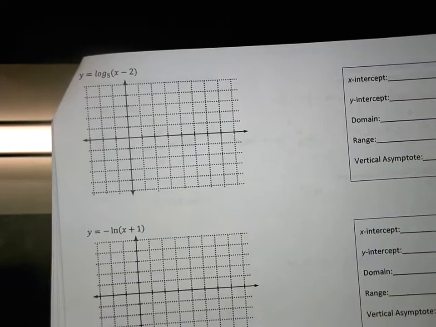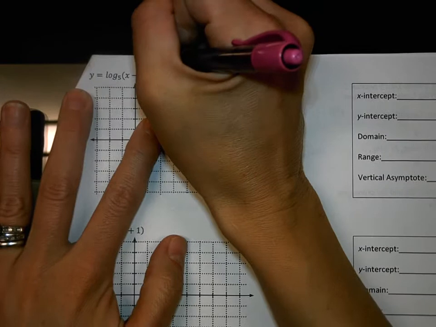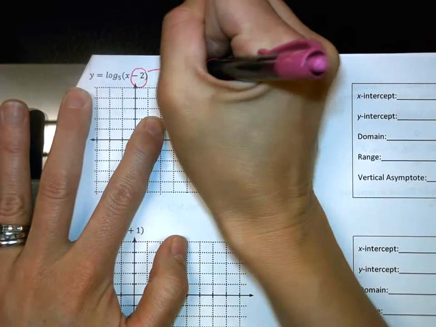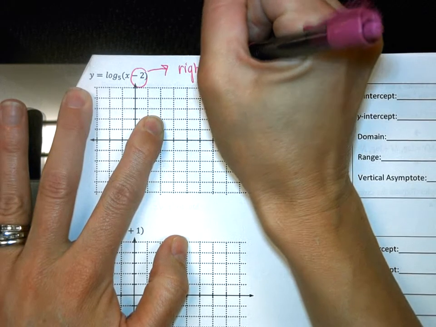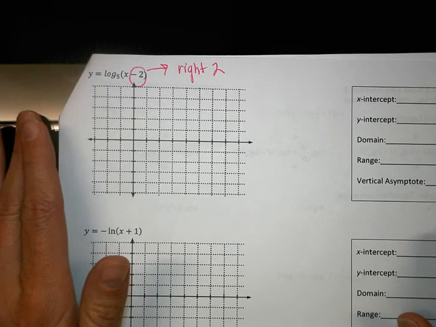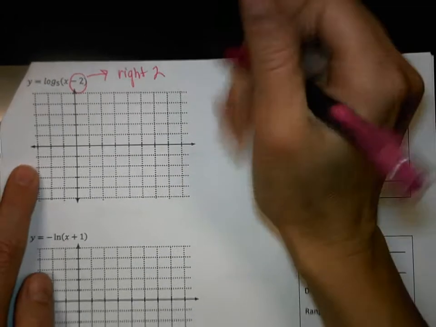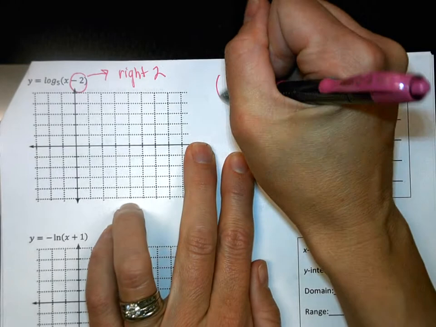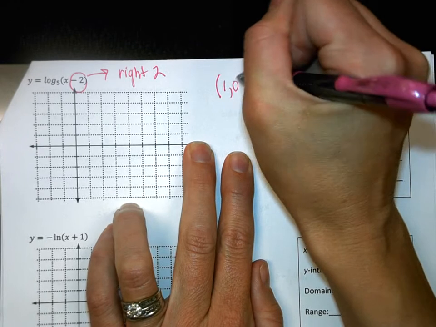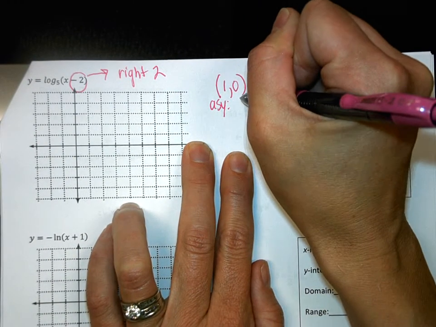Okay, this one, where will this one translate? Right 2, very good. So I'm going to make a note to myself that this means it's going to translate right 2. So we know that we are going to have the point at 1, 0, and our asymptote is going to be at x equals 0.